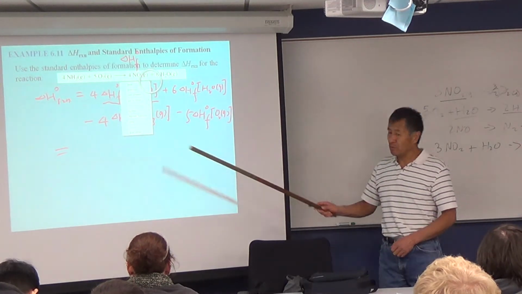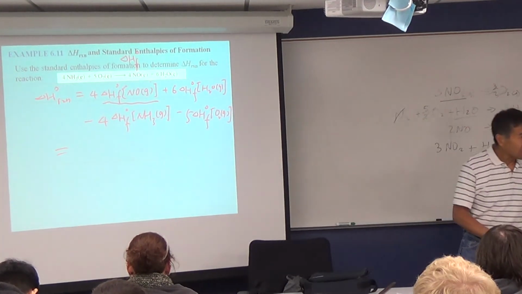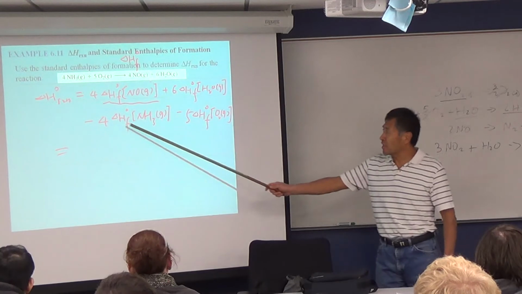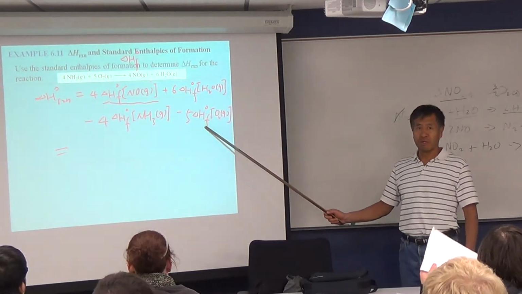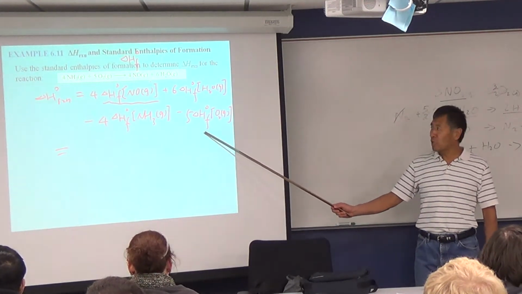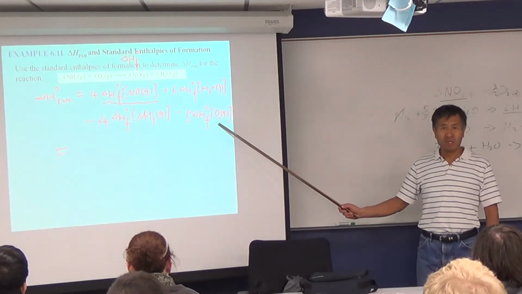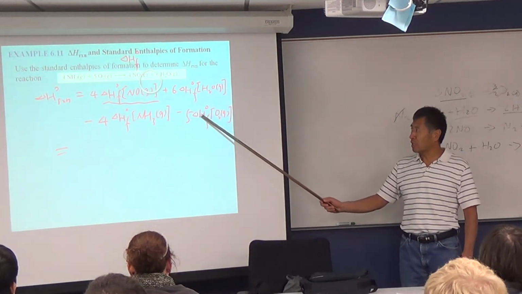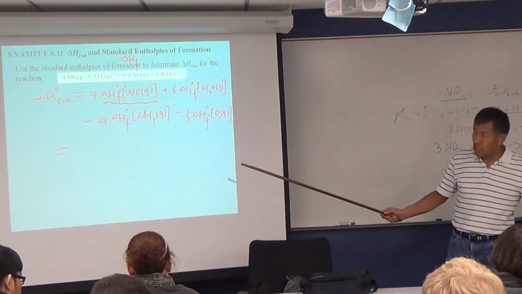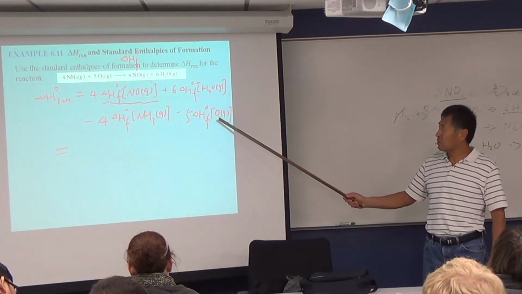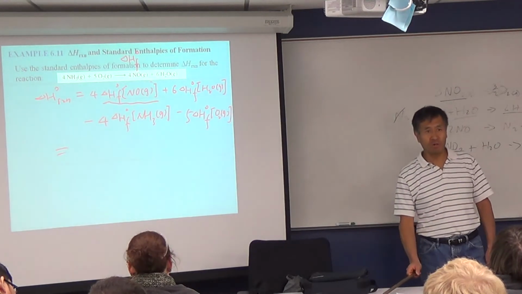I will give you every delta H except this one. You should be able to tell me the number for this one, the O2 gas. Does anyone know the delta HF0 for O2 gas? What will that number be?